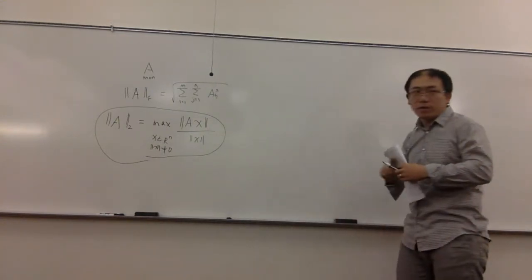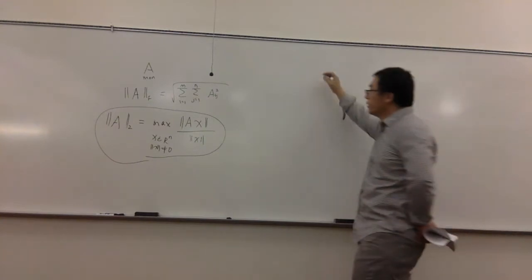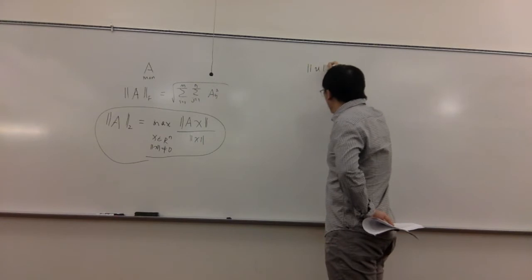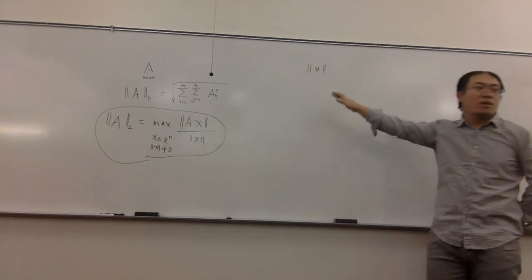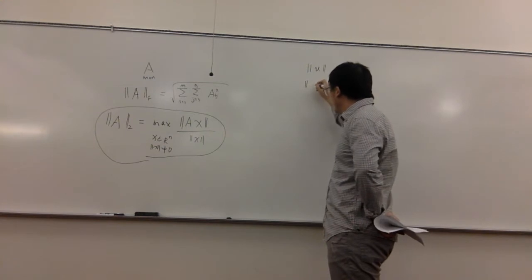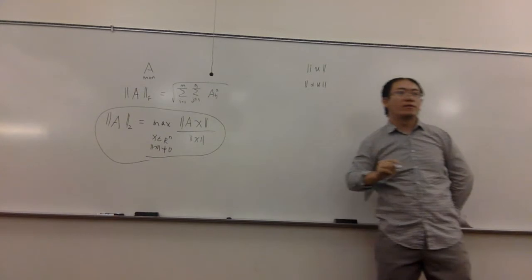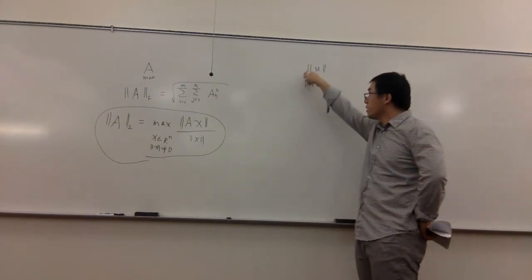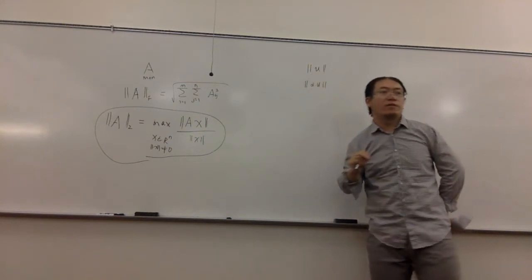So let us consider the Euclidean norm for a vector u. How about the Euclidean norm of u multiplied by a scalar alpha? How does this norm relate to the norm of u itself?